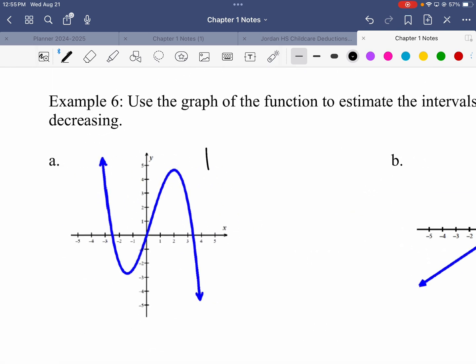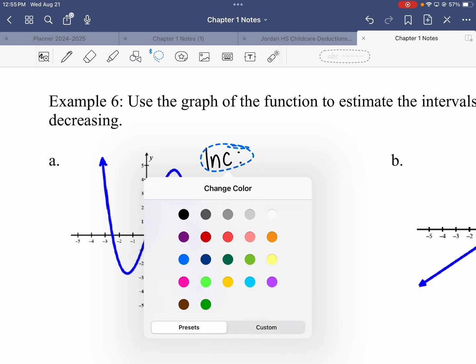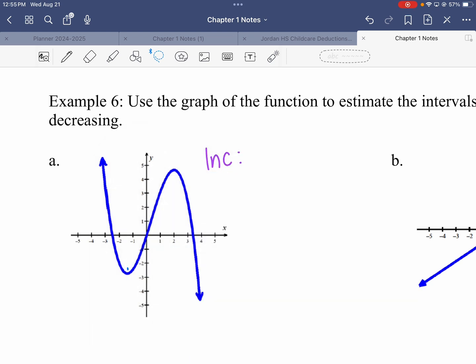So, estimate for me. Where is this increasing? In the middle here. So I don't know, somewhere like here to here-ish is where it's increasing. Let's go with -1.5. I don't know, guys. I told you to estimate. Until +2.